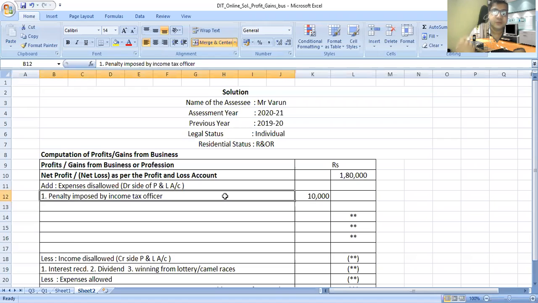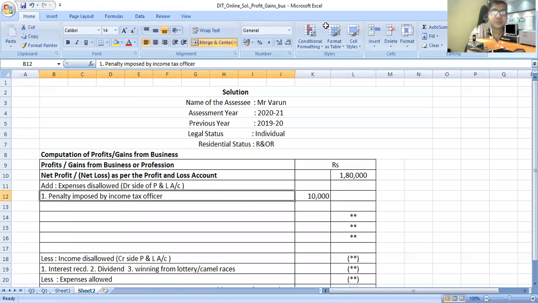From this 75,000, the 10,000 portion is disallowed. It is not a salary. It is not a business expense. So it should be added to the net profit as an expense disallowed.